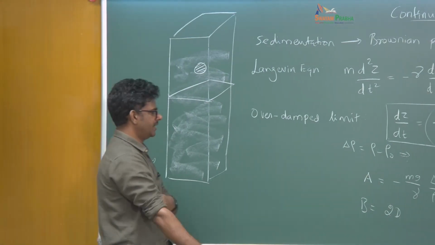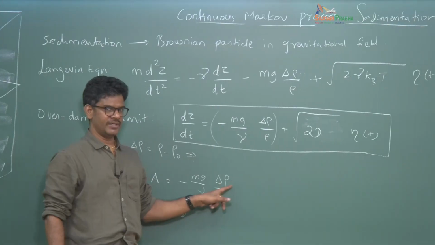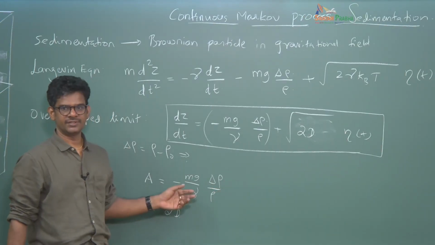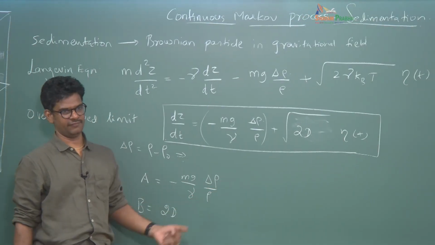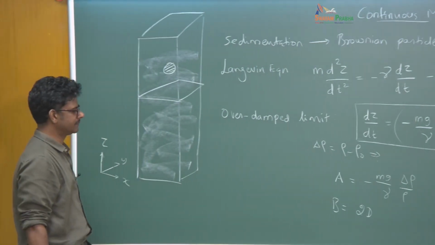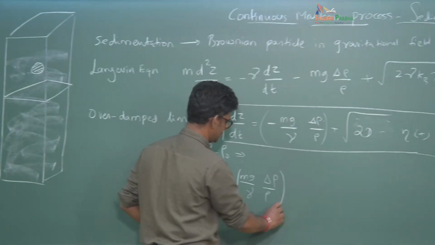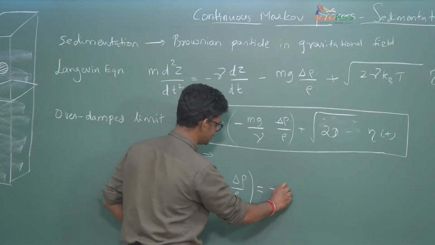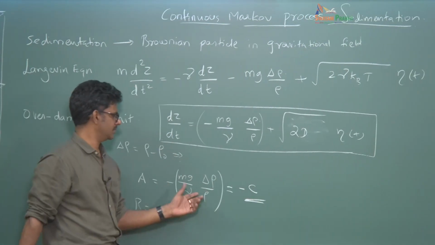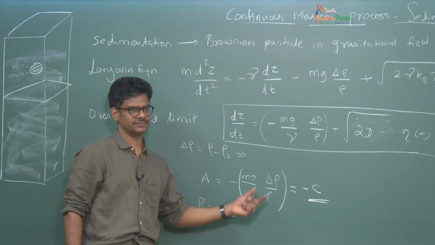Because we are thinking about a denser particle, it will sediment, so delta rho is positive, everything else is positive, so A is going to be a negative value. We can group all these terms and simply say this is equal to minus C, where C is a group of terms given here.